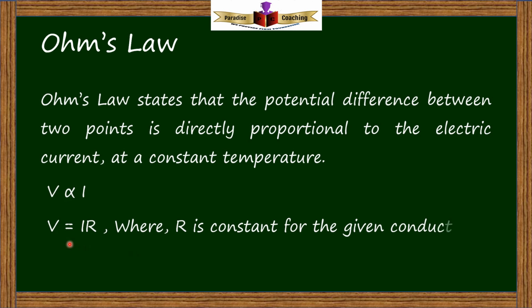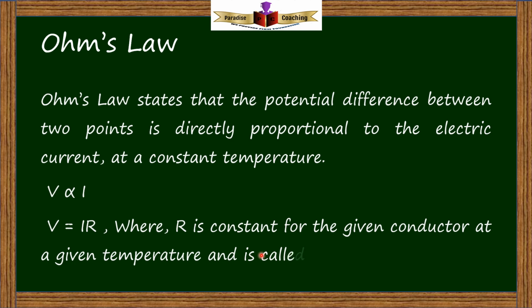So from Ohm's law we have got this relationship, V is equal to IR, and R is a constant for a given conductor at a given temperature, because if the temperature is not maintained, naturally the resistance will vary with temperature. So this is a very important condition for Ohm's law to hold true, that the temperature must be held constant.